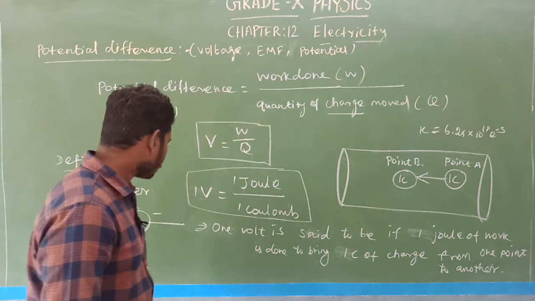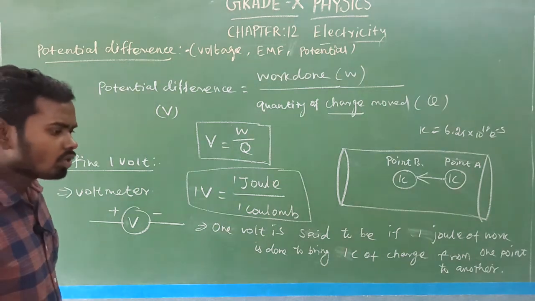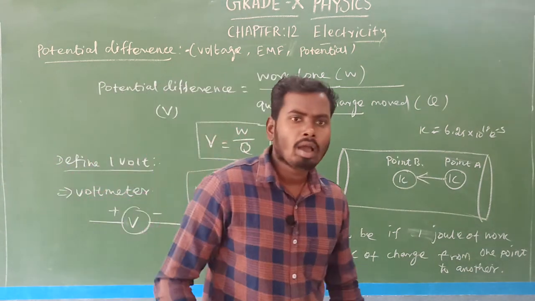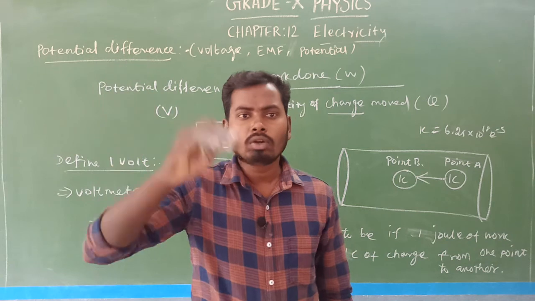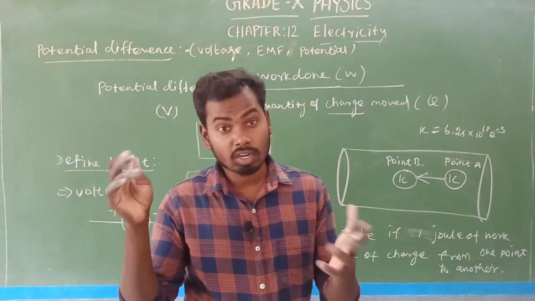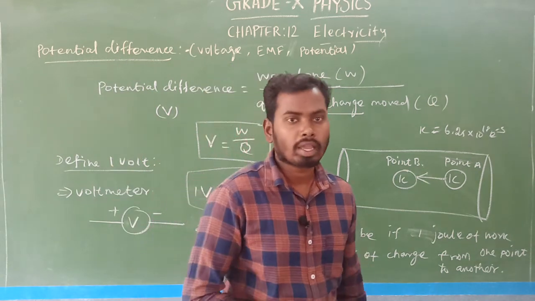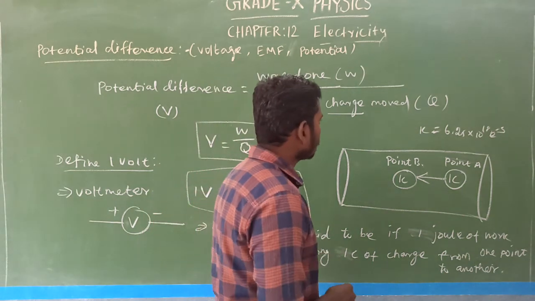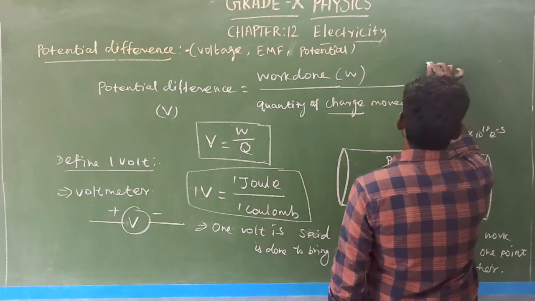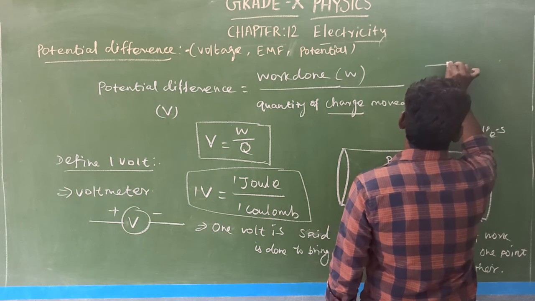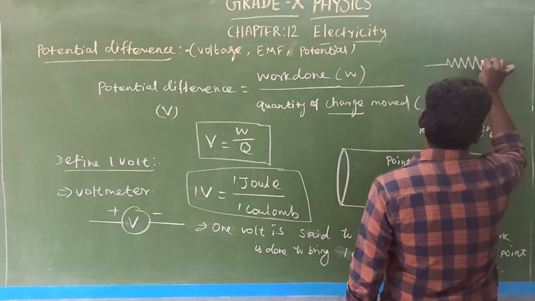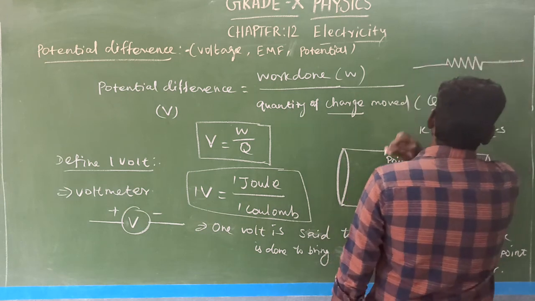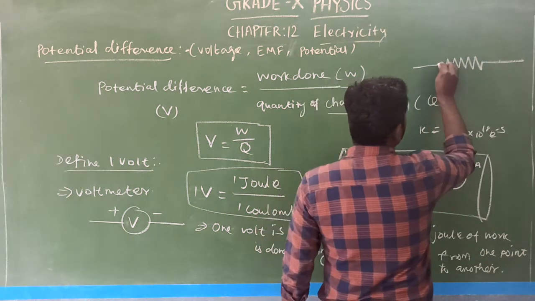This voltmeter is always connected in parallel to where the potential difference is to be calculated. For example, consider a conductor. Look here.